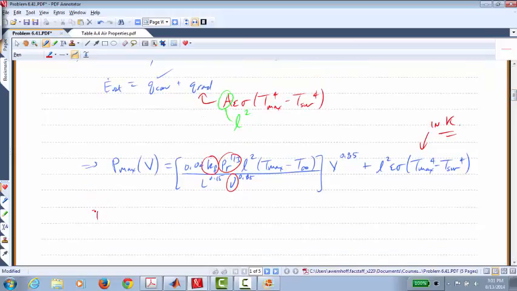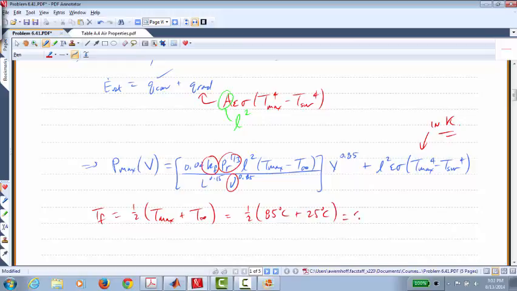So we'll use the film temperature, T sub F, which is 1/2 T max plus T infinity, which is 1/2 times 55 degrees C plus 25 degrees C, and that gets us 55 degrees C, which is equal to 328 Kelvin, which we'll say is roughly equal to 325 Kelvin for our purposes here.